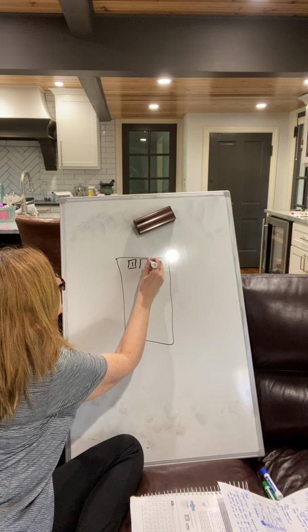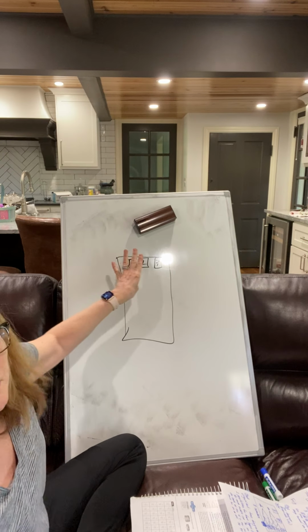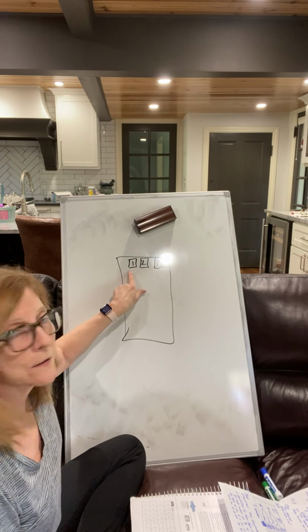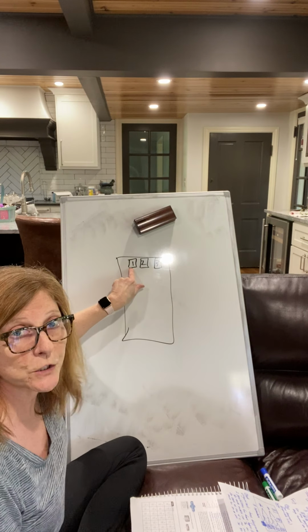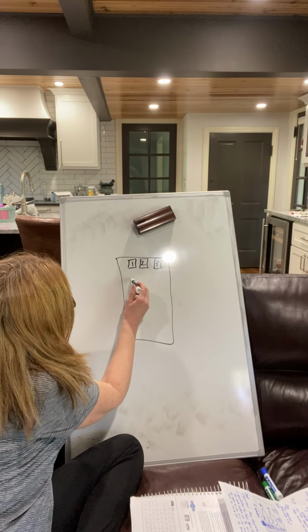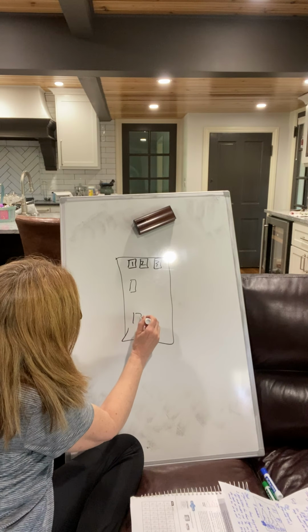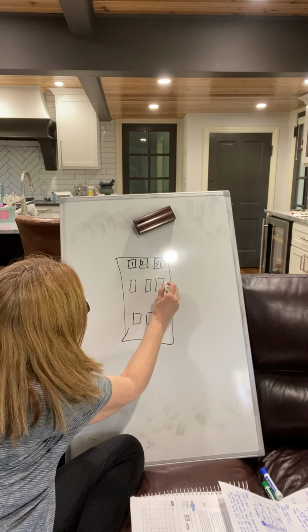Here is light switch 2, and here is light switch 3. So just imagine like our classroom, and here's like the wall that has the homework board on it. Let's pretend there's a switch there, and a switch there. And then one controls these lights, 2 controls these lights, and 3 controls these lights.